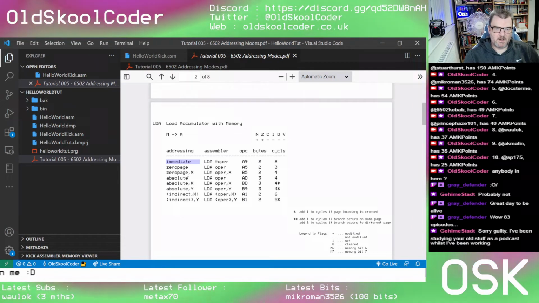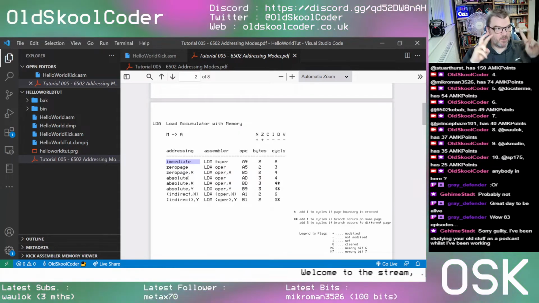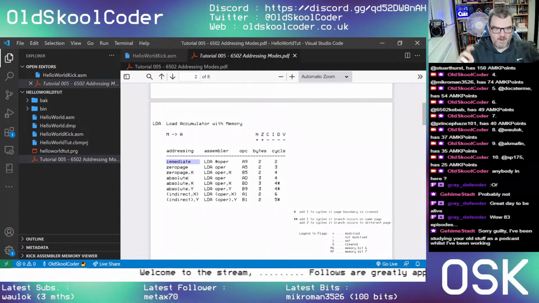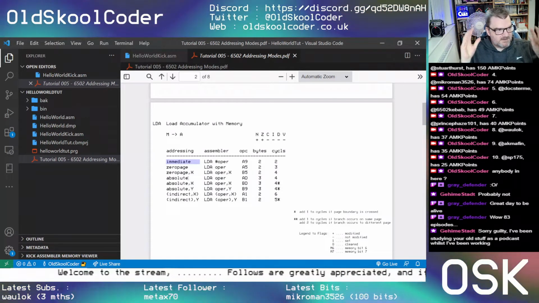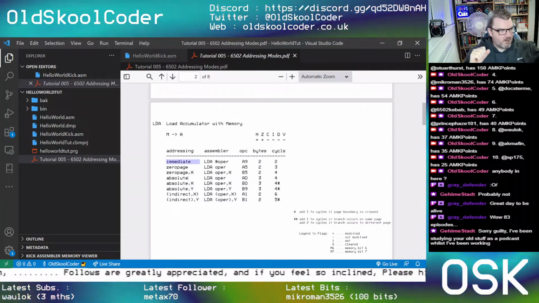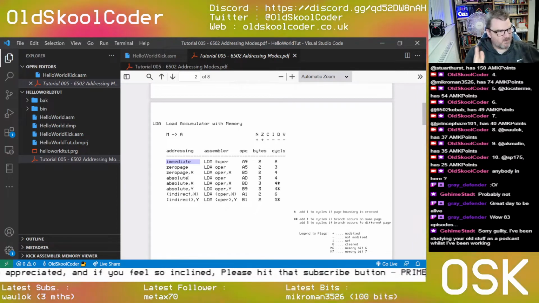I'm telling you, this is 10. Use it. There's also where you can tell it to load a number from 0 page. Now, we're going to get into the words 0 page and absolute, right? 0 page is memory locations from 0 to 255. That's what 0 page is.